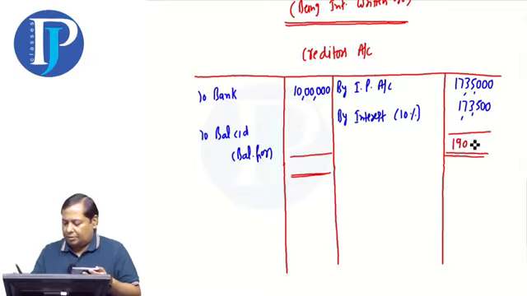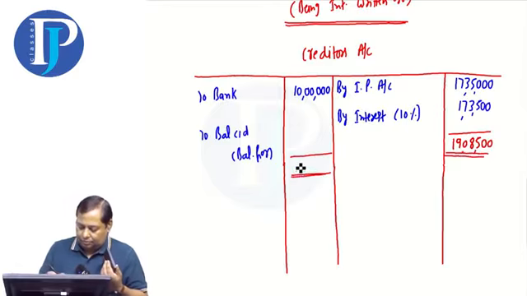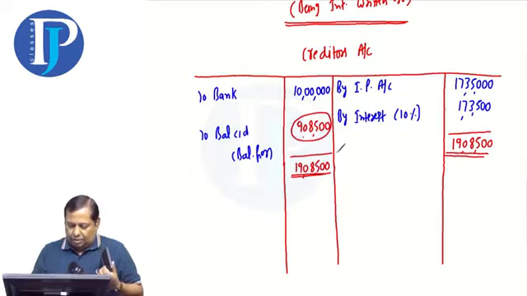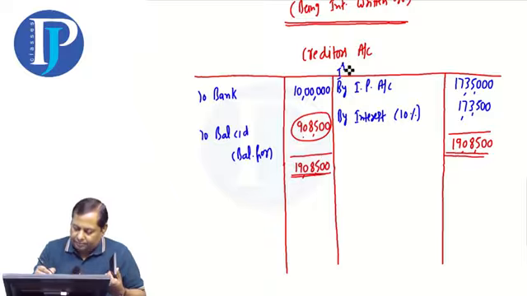One, so it's 9 and 0 and 8, 500. So students, it is 19 lakhs 8,500. And here it will be 9 lakh 8,500. This was our first year.